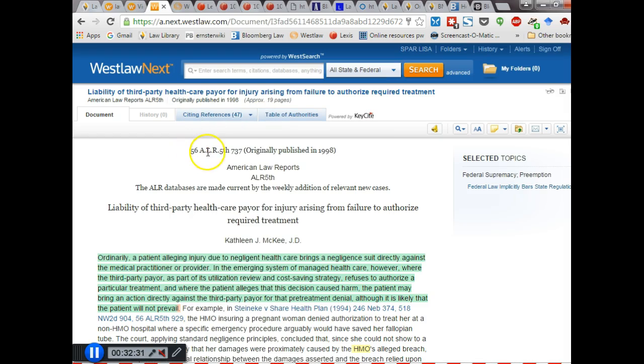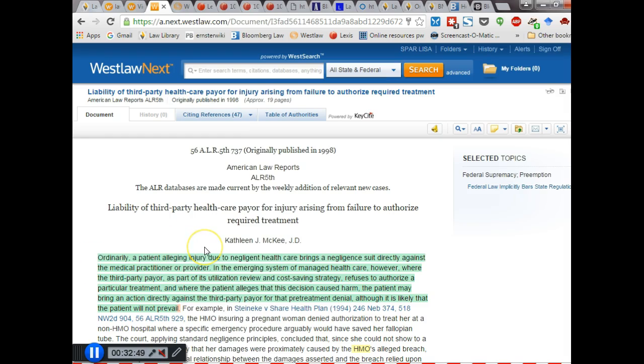So if I had the citation on Westlaw, I would just type it in. Question? Yeah, that's a good idea. Thank you. There we go. Thanks. Okay, so I would type it in on Westlaw.